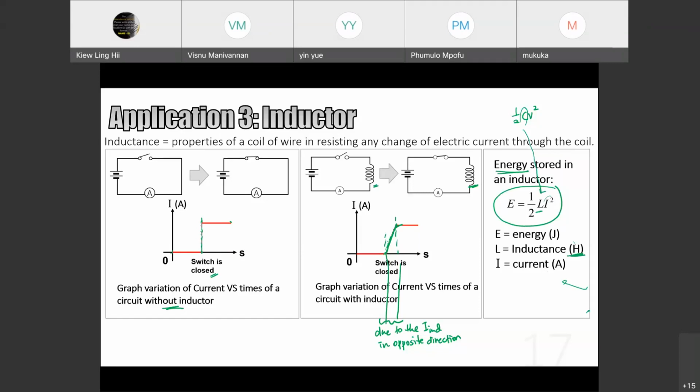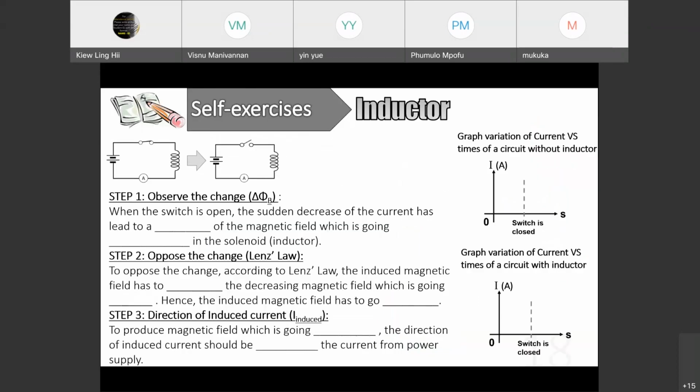So what will happen when you open the switch, when there is current from the power supply? At this time, your magnetic flux is at the maximum. The next moment, you turn off the current, and suddenly the magnetic flux equals 0.